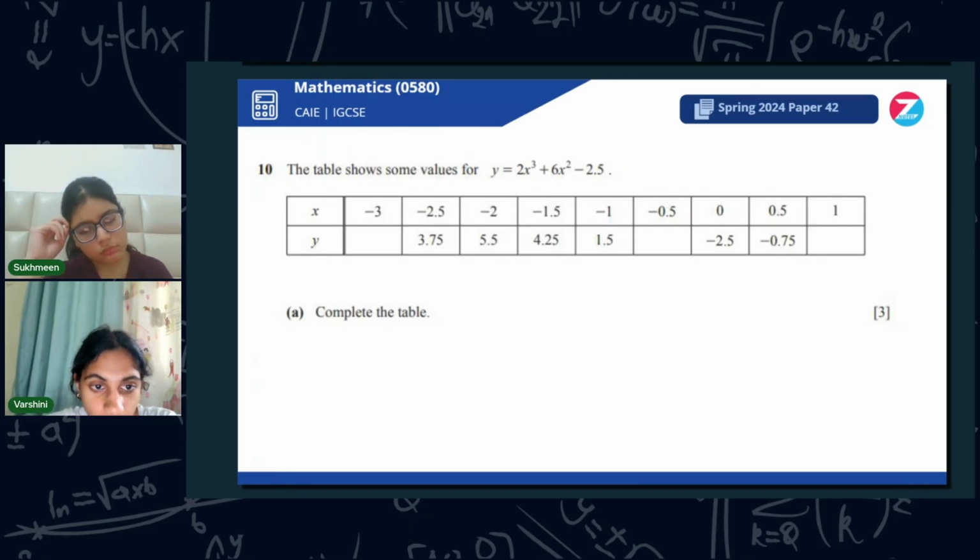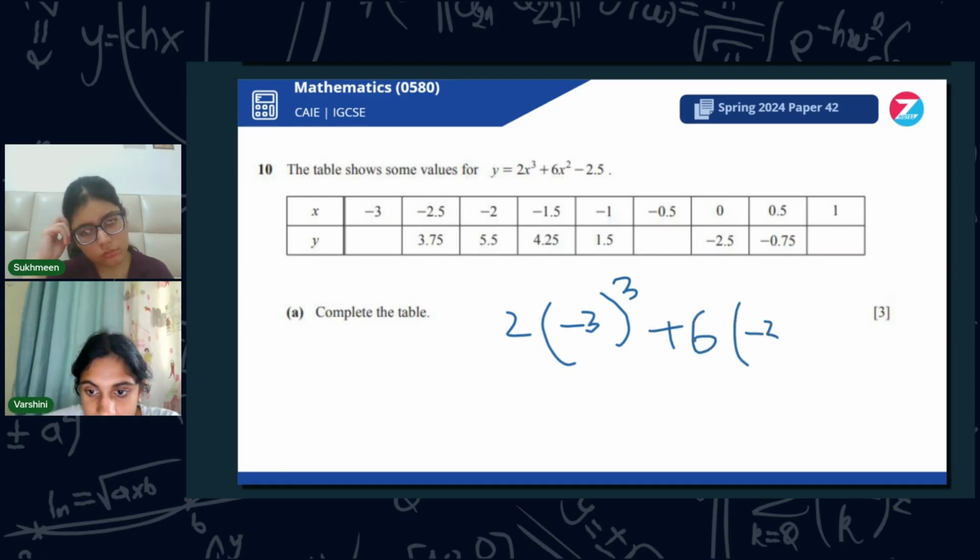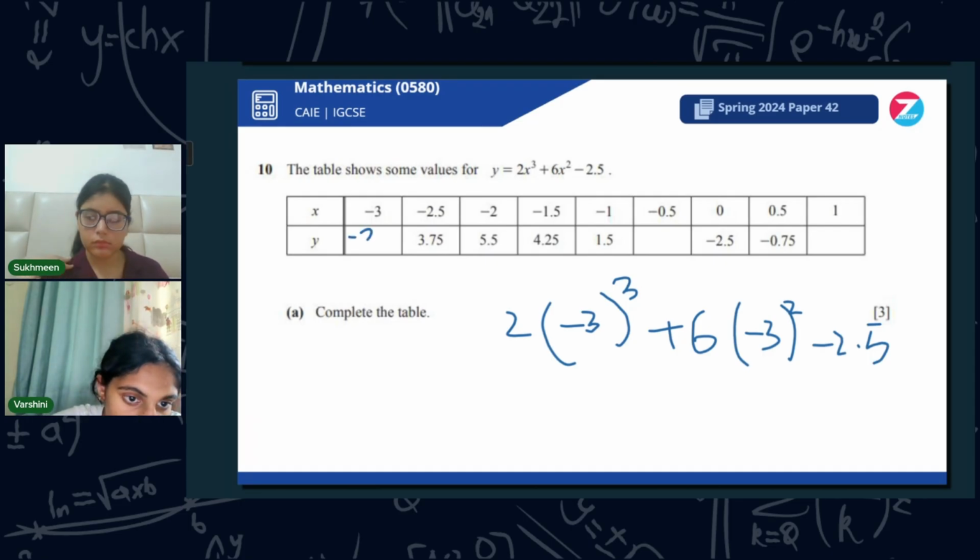Okay, so first, let's take minus 3. It's going to be 2 into minus 3 whole cubed plus 6 into minus 3 whole squared minus 2.5. If you put that in, you should get minus 2.5. Let's do the same thing.